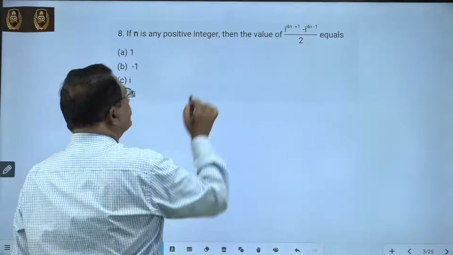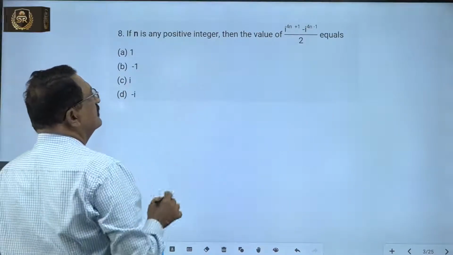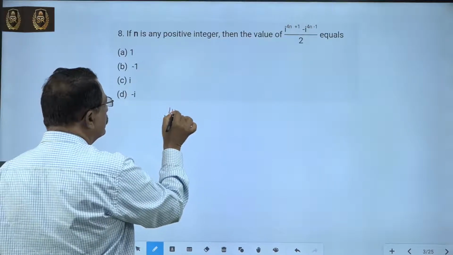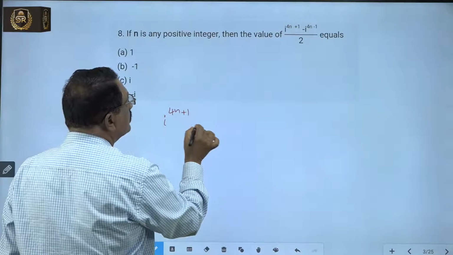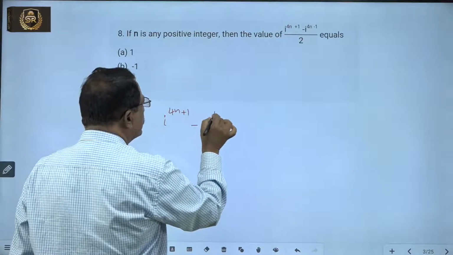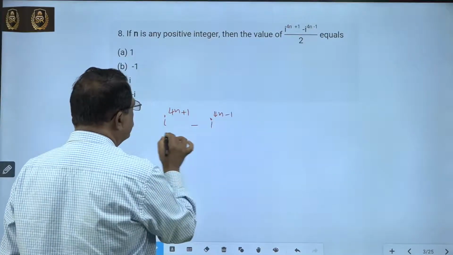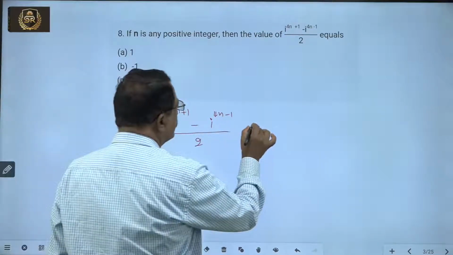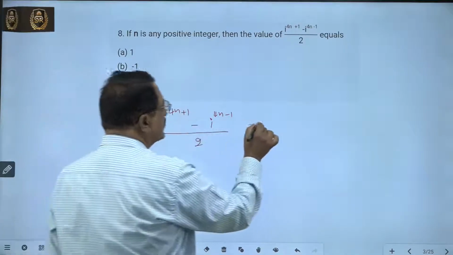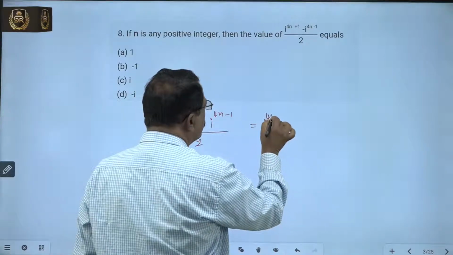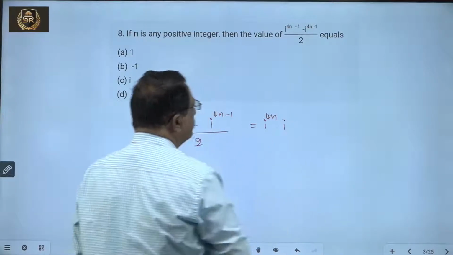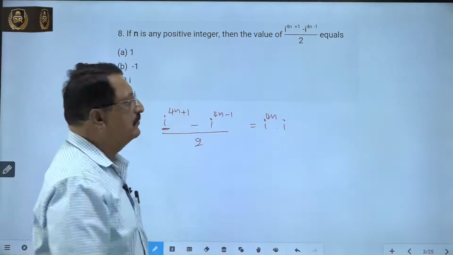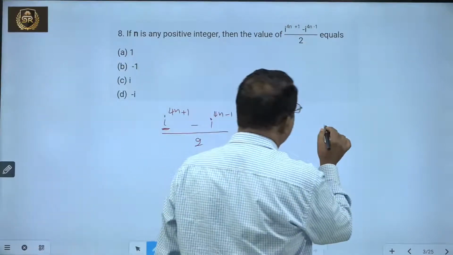Next, if n is any positive integer, then the value of (i to the power of 4n plus 1 minus i to the power of 4n minus 1) by 2. We require this value. Now i to the power of 4n plus 1 can be written as i to the power of 4n into i, which is i to the power of 4n plus i into i.